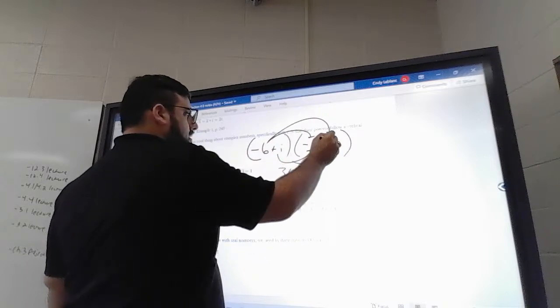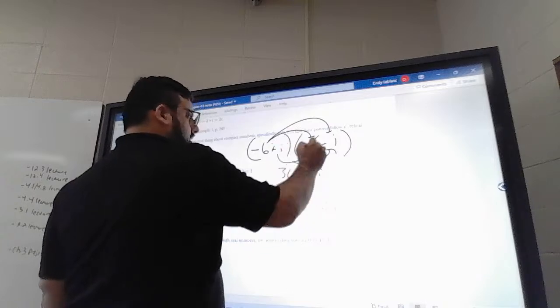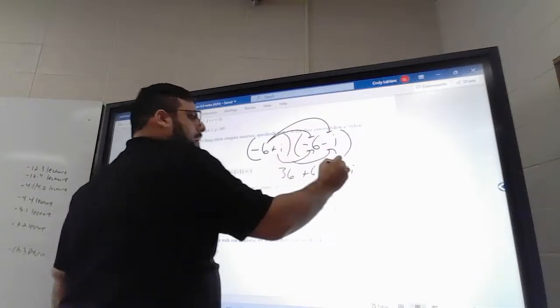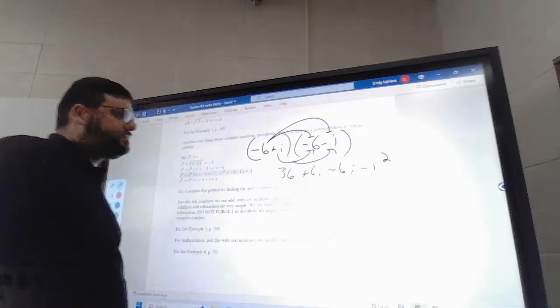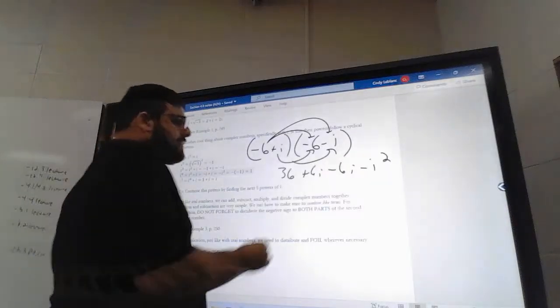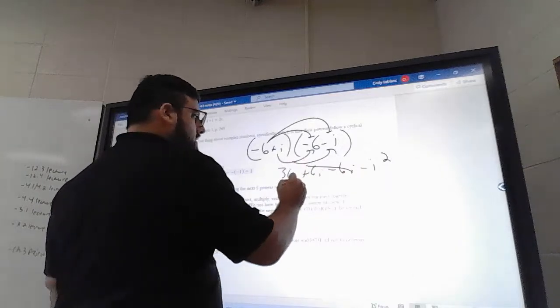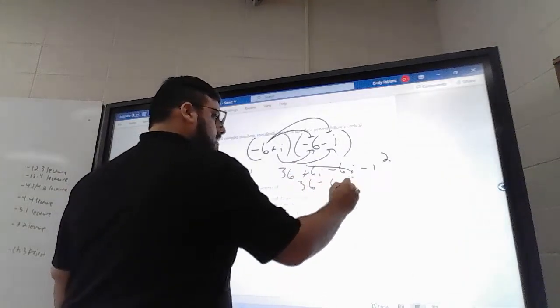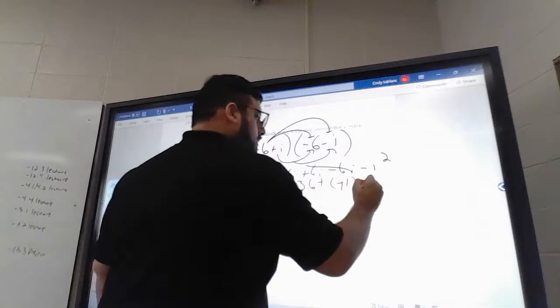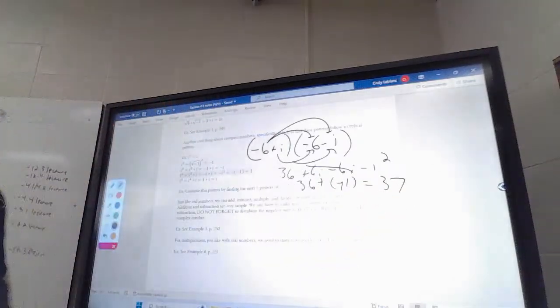This is plus 6i. This is minus 6i minus i squared. So it actually turns out the middle terms will cancel. i squared is always -1. So that ends up being 36 plus 1, which is 37.